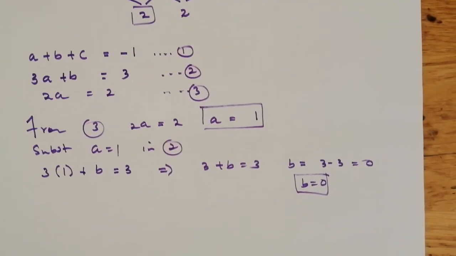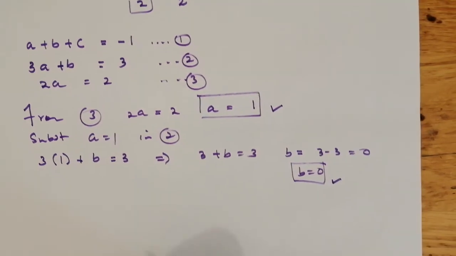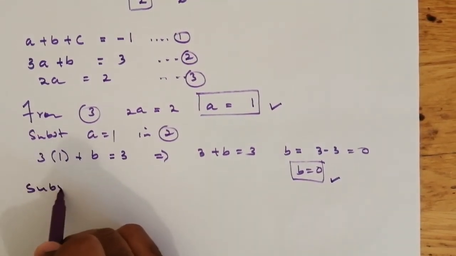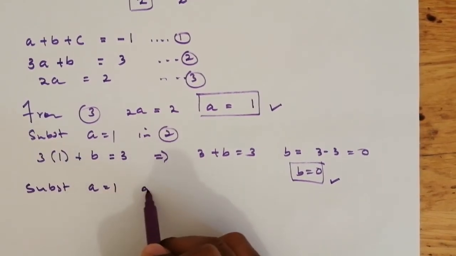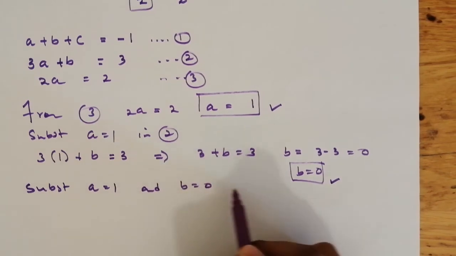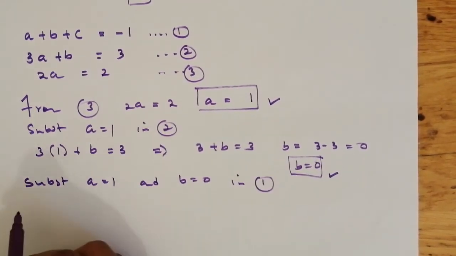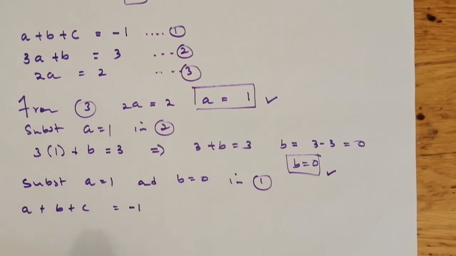So we've got A, then we've got B, and lastly, we're looking for C. So we're going to substitute A equals 1 and B equals 0 in equation 1. Equation 1 is A plus B plus C equals -1.